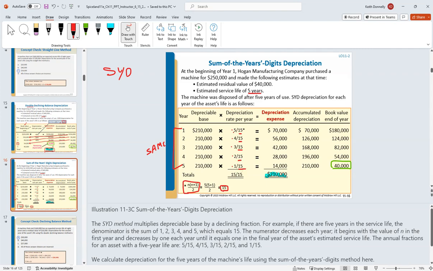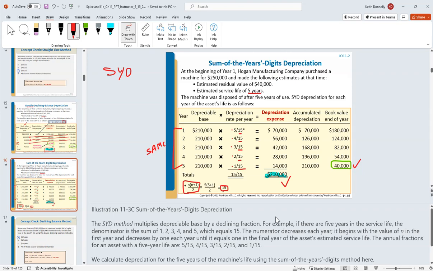So it's the same, just different based on this fraction. We multiply by a declining fraction and run our way through: 70,000, then 180 in year 2, 56, 126, 124. Again, the same kind of setup, the relationship there: we ultimately have to land at 40, and we only have 210 of a depreciable base.